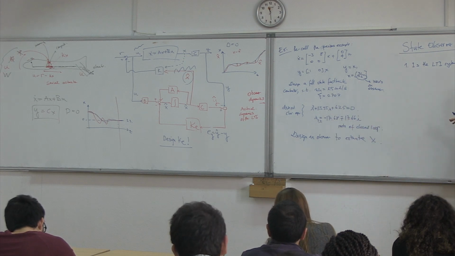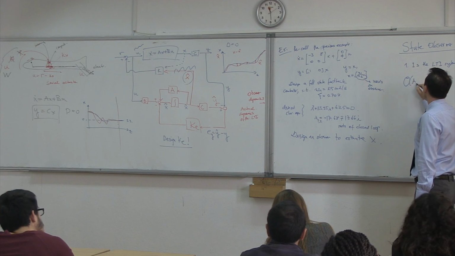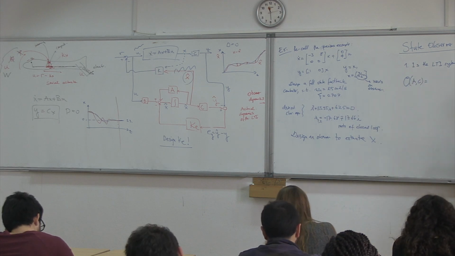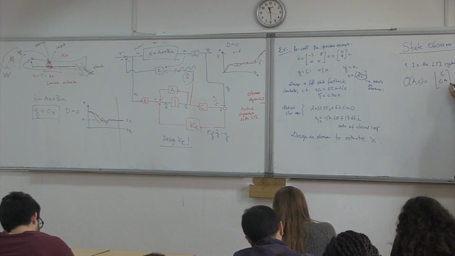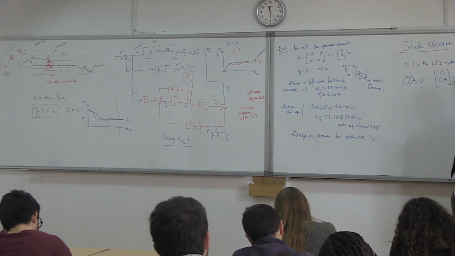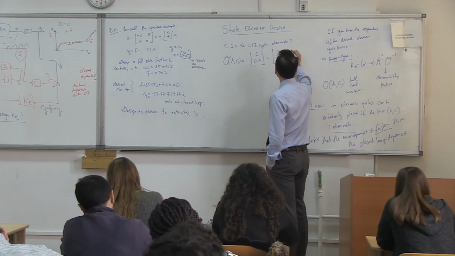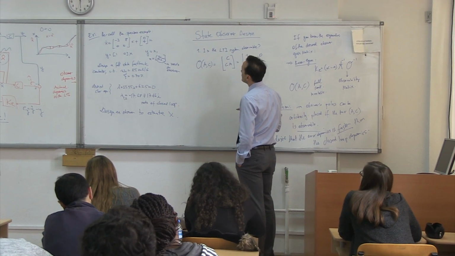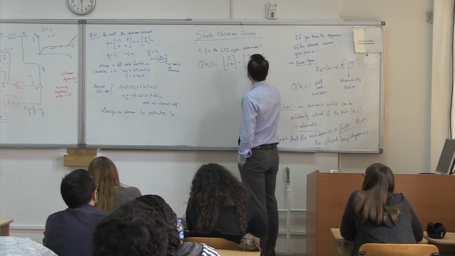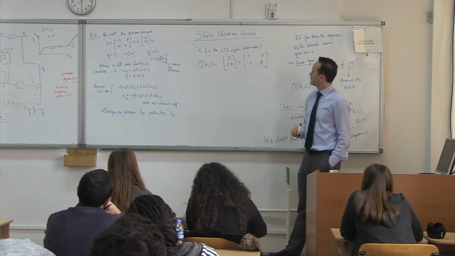So how do we check observability? We look at the observability matrix, which is a function of A and C. Because it's a second order system, it will be C, CA. C is equal to [1, 0], and CA will be [-3, 8].